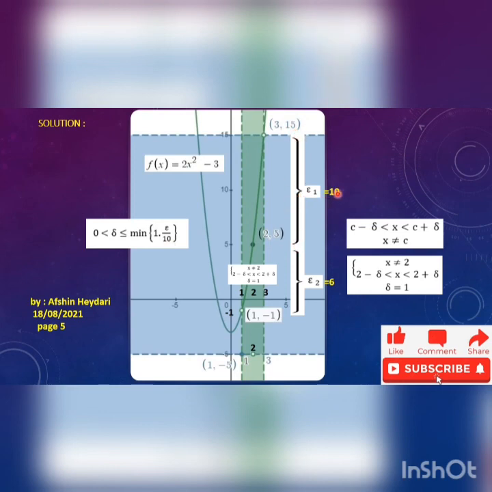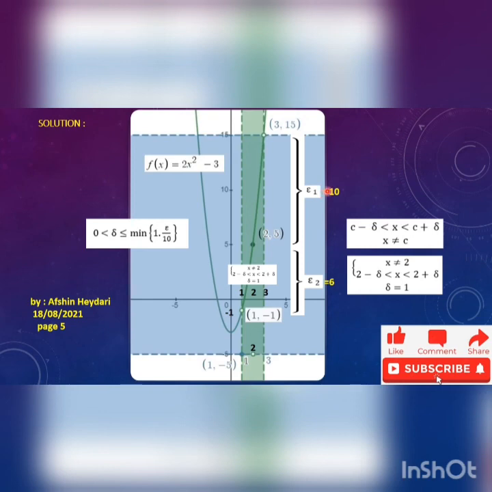We have chosen the bigger one as the epsilon.